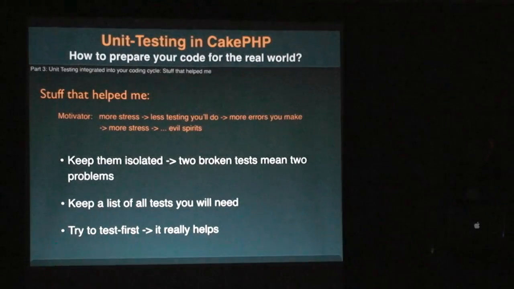Okay, so the last part of the talk is some stuff that helped me when using unit testing. As I said earlier, it's very difficult to get into the habit of testing in CakePHP because its MVC approach works so well. But a constant motivator for me is that you think of the following vicious cycle. When you're under pressure, when you get stress, you are doing testing a little less.